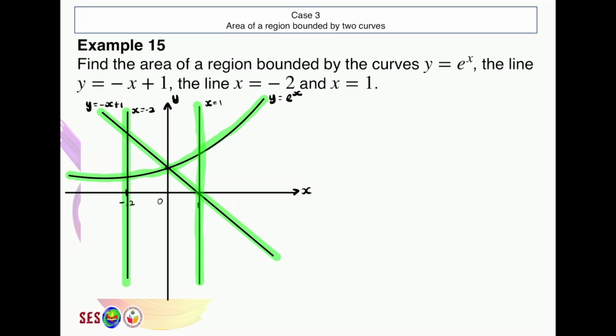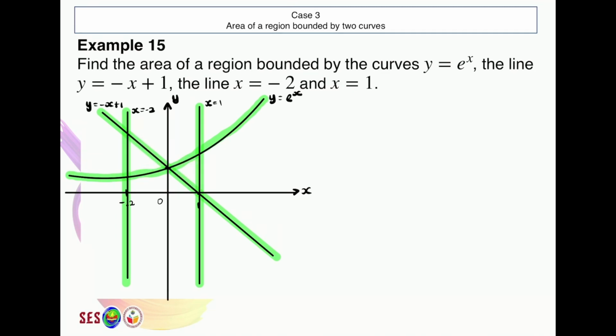Now you can clearly see the region bounded by the curves and also the lines. Let us look at the region which has its borders highlighted. You can see that this region here, the borders are all highlighted, and this region here, the borders are all highlighted.